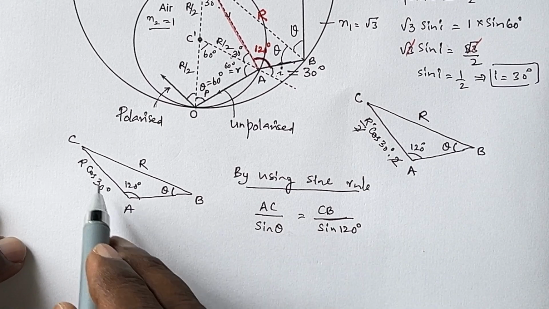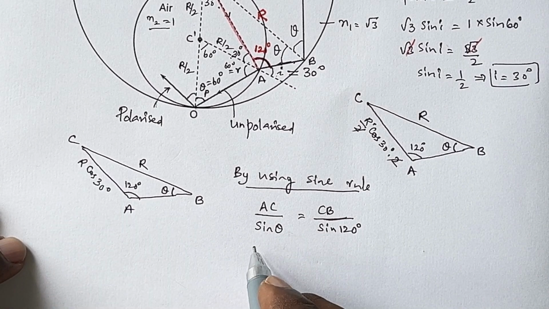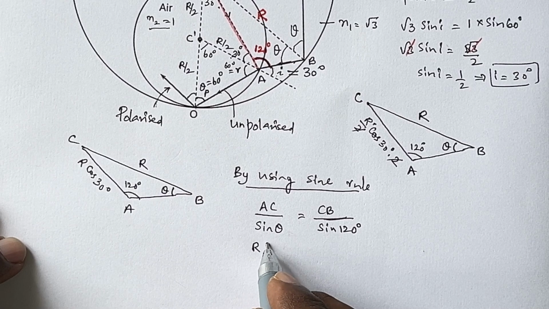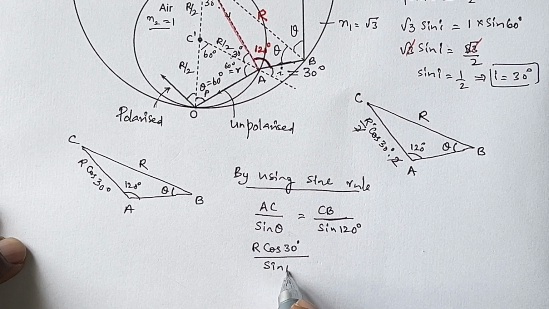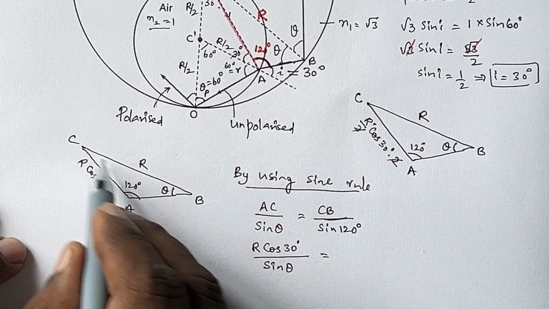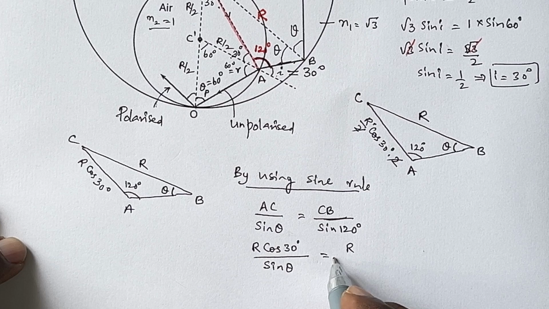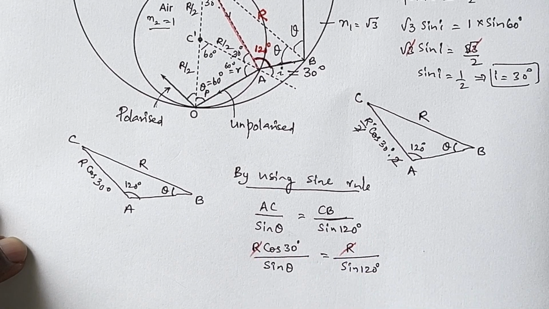So what is the AC value? R cos 30 degrees by sine theta is equal to, what is CB? R by sine 120 degrees. Right? Here R cancels.